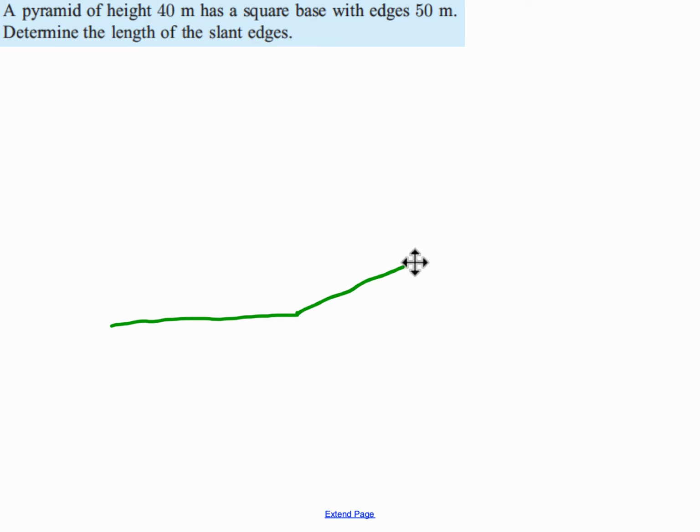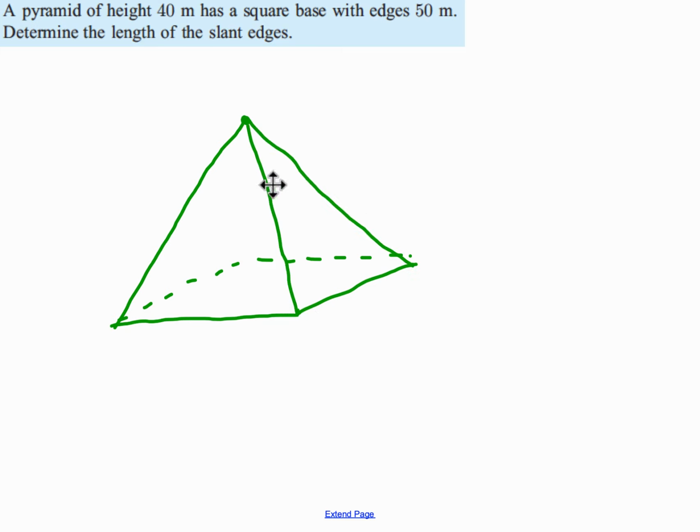I'll bring it out this way, the right side of it, and then this would be dashed, and this would be dashed. I always draw an imaginary point up here, which is the vertex of the pyramid, so I have something to aim at to draw the other edges. And then we would have a dashed one back here.